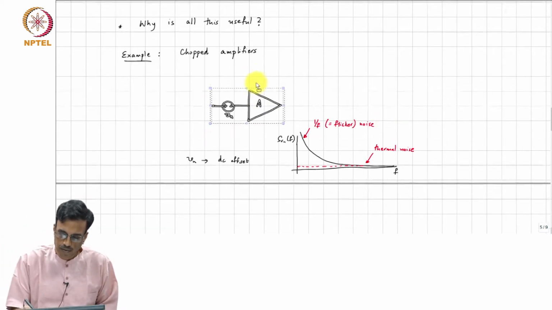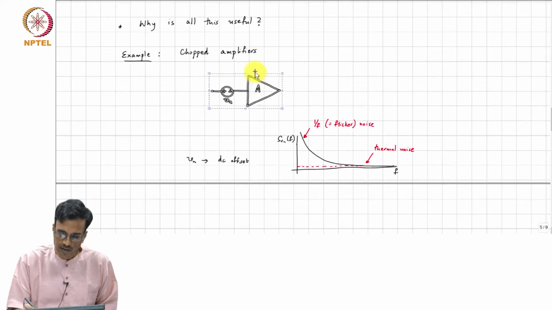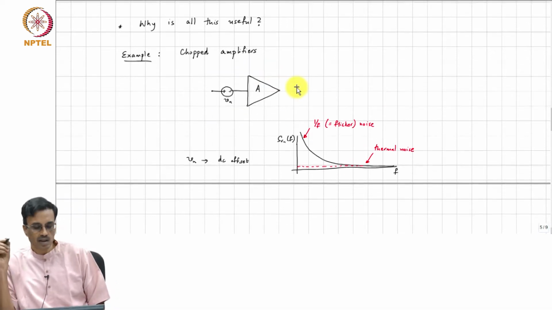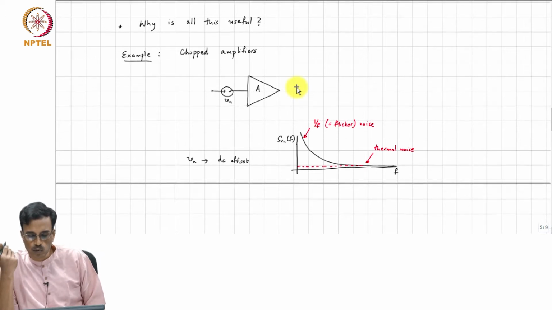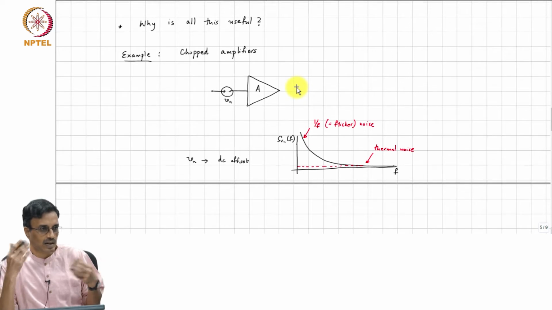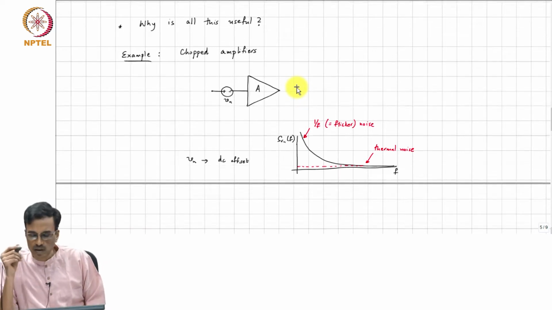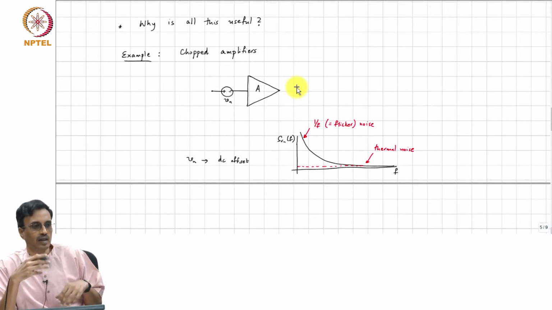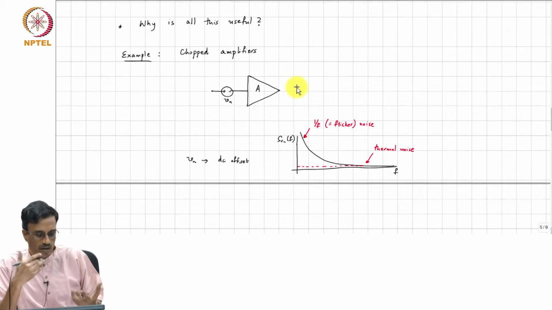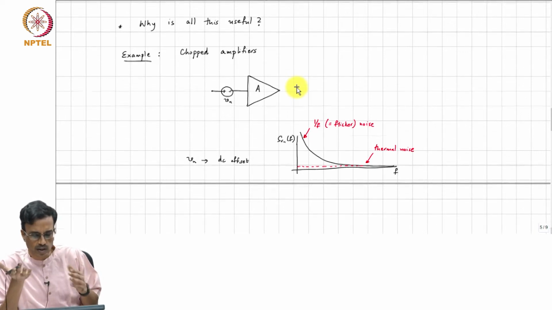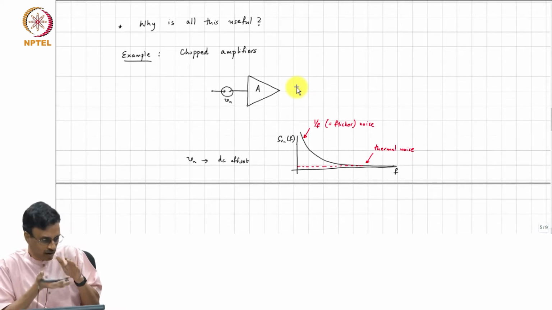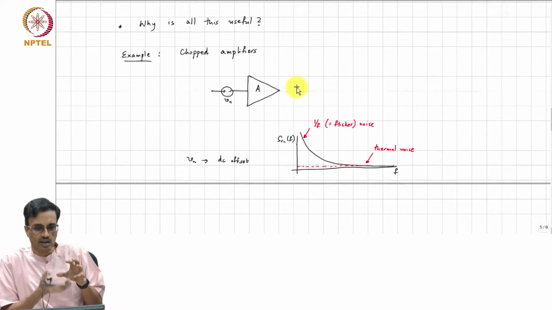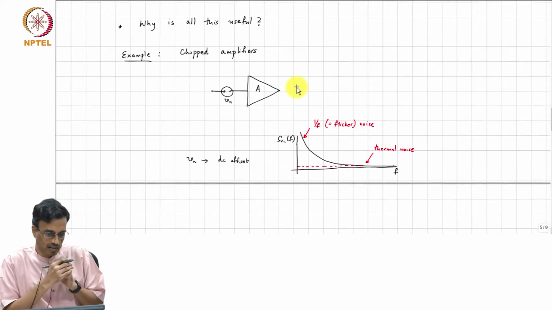Our understanding of the physics of flicker noise is still evolving, but as engineers we have to understand that this is something one has to live with. It is not something one can get away with. The only way to reduce flicker noise is to make the process cleaner and cleaner. In MOSFETs, flicker noise is because of trapping of carriers in the channel at the interface between the oxide and the silicon.